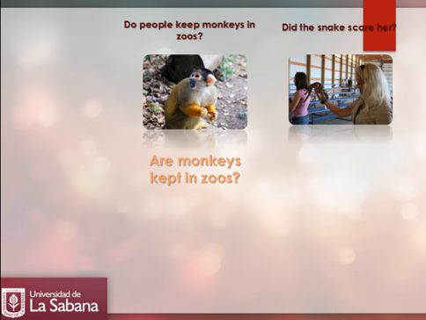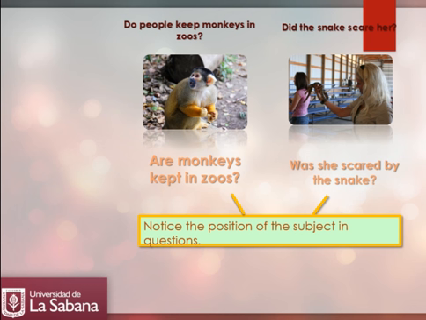Okay, let's try another one. Did the snake scare her? In the past tense, the same changes take place, with the only difference that the verb to be will be in the past form. So, did the snake scare her will become, was she scared by the snake?